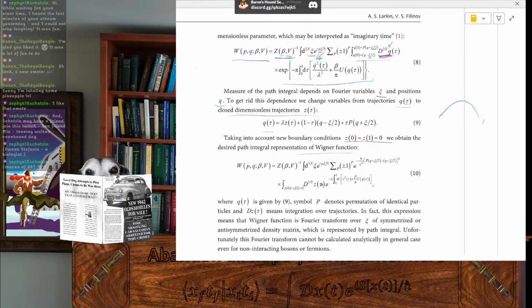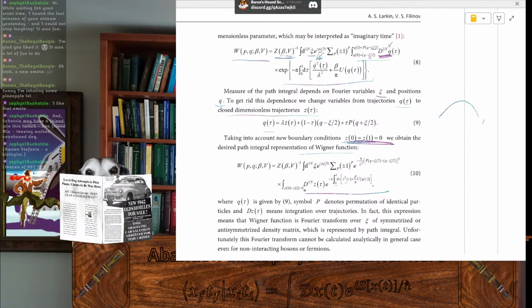Regularization of identical particles, and D is integration over trajectories. Okay. So we are integrating over all trajectories, right? Here's our 0 to 1, right? This is why we changed variable types to go from 0 to 1, so we can integrate z that way. Still doesn't explain what U is as a function.